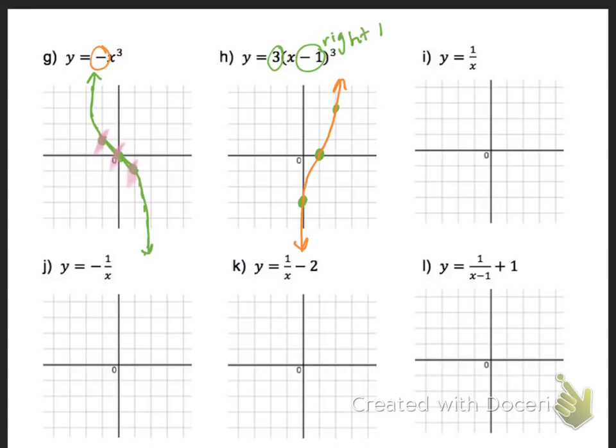Okay, next one is 1 over x. We call that rational. Remember? So when I'm looking at these, the 2 points I'm going to be looking at before transformations, like the actual parent function, are going to be at 1, 1 and -1, -1.